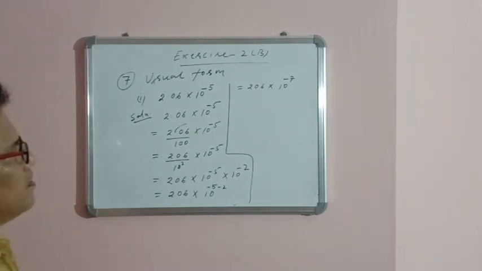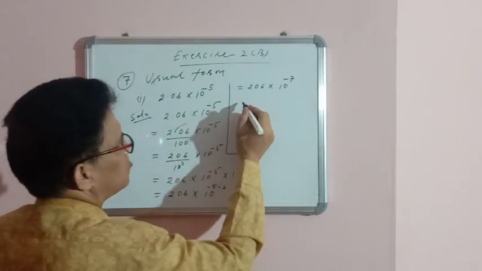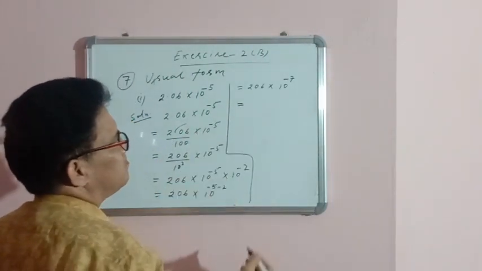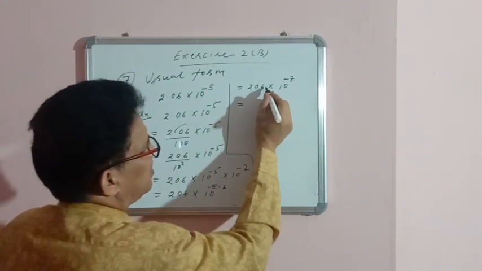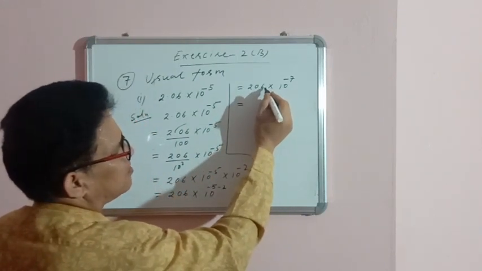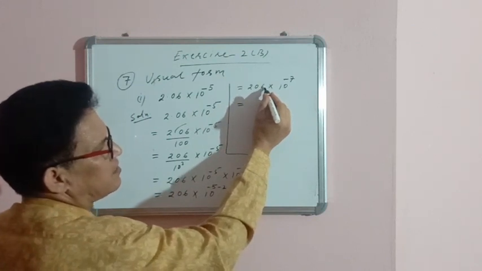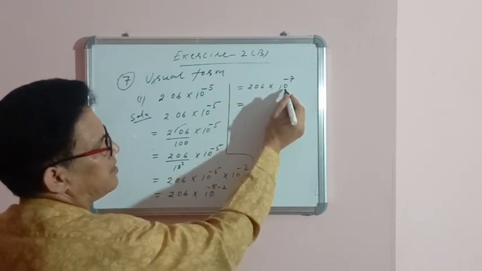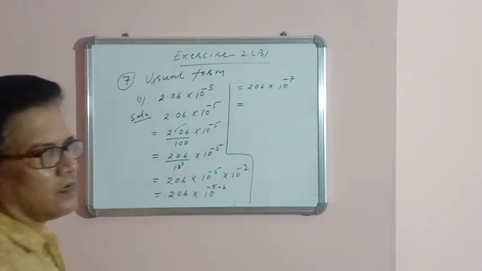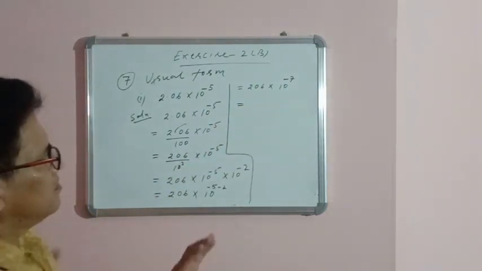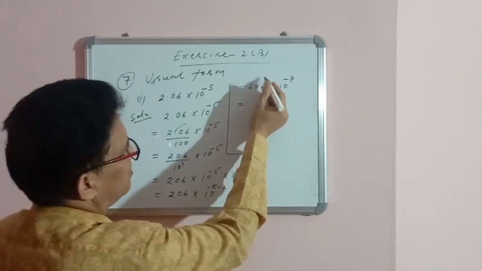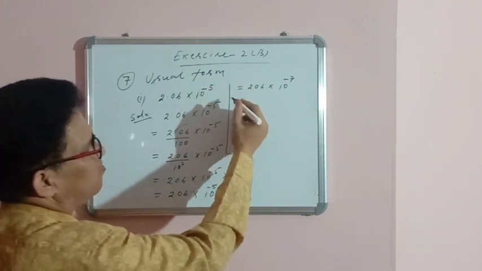Now we have to write this in usual form. Here it is 206, the decimal sign is after the 6, and 10 power minus 7 is there. So we have to shift the decimal sign 7 places to the left.